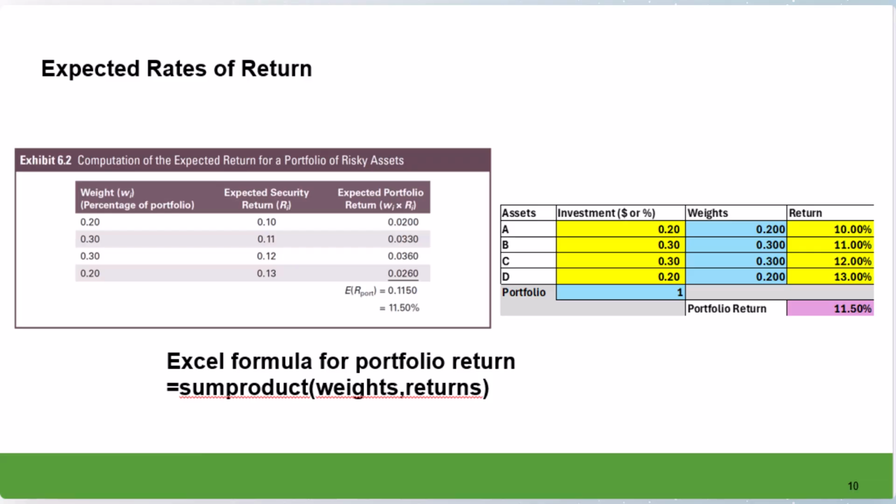Concentrating on returns right now, we can calculate returns for a portfolio. So again, here's another worksheet. Again, note the Excel formula that utilizes the weights or the values that are invested in assets and the rates of returns to calculate the returns of a portfolio.